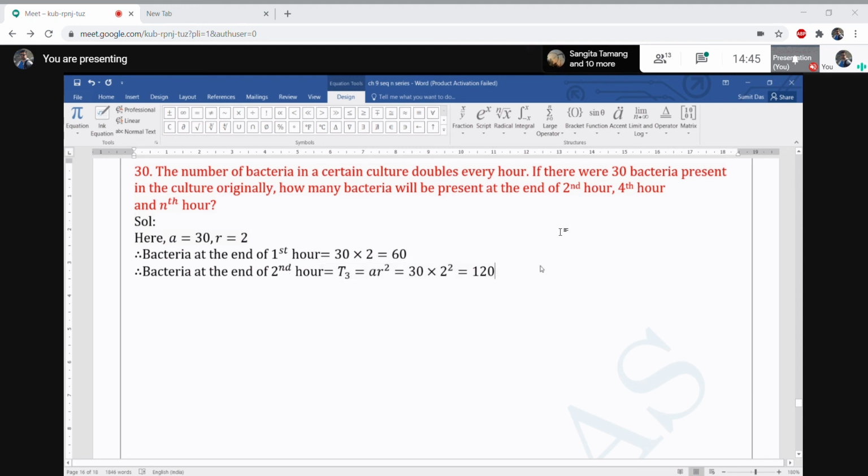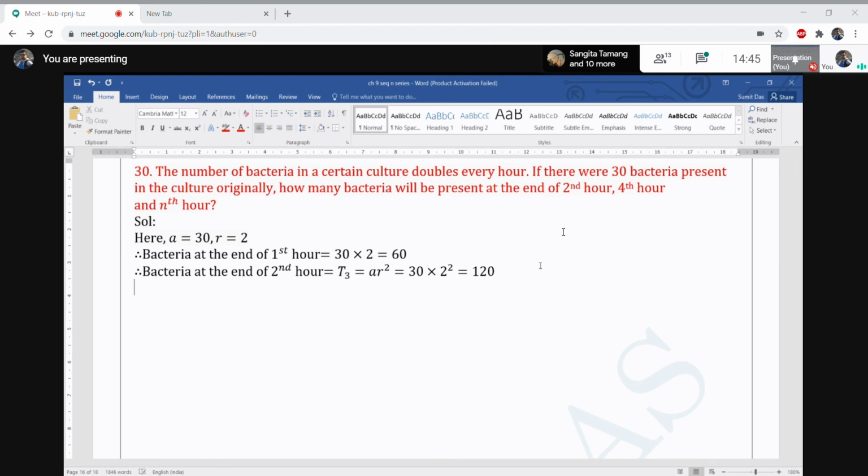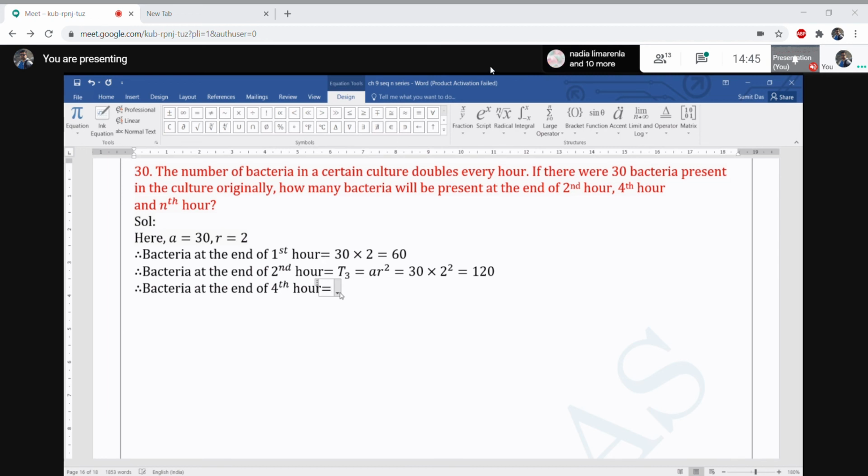Similarly, the bacteria at the fourth hour will be T5, which is equal to AR to the power 4.